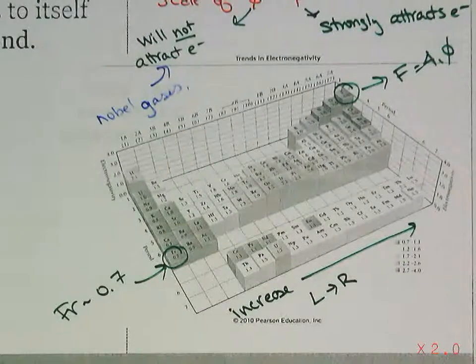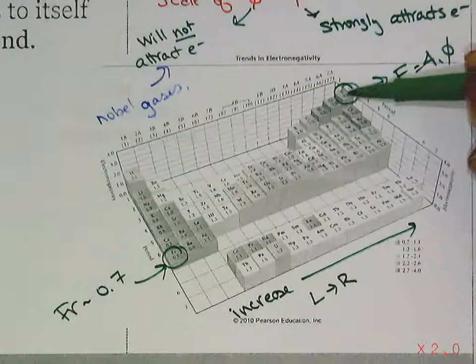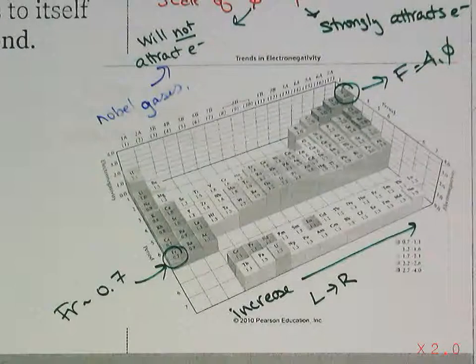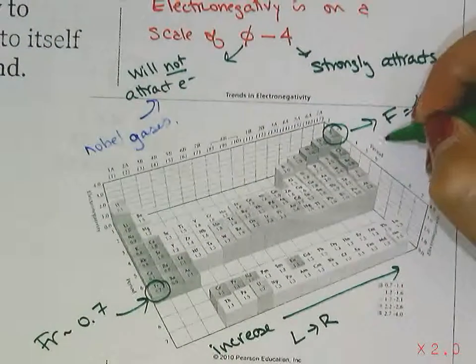And then what about if I look at a single column? Let's look at the halogens, right? Fluorine compared to iodine. Iodine has a 2.5 electronegativity. So is it decreasing down the column or increasing? Increasing up the column or decreasing down the column, both would be true.